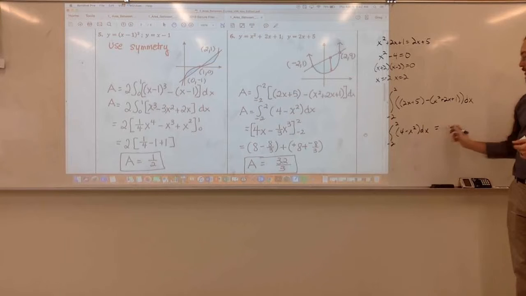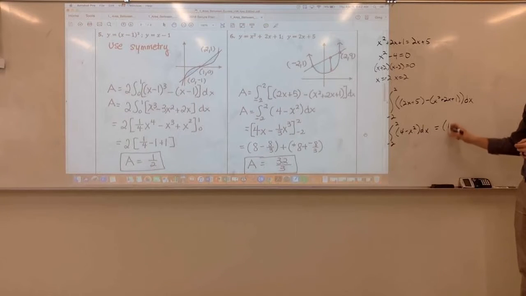So then this is actually a pretty straightforward one to do by hand. Right? Then we can take the antiderivative of each piece, get 4x minus 1/3 x cubed, evaluated from -2 to 2. So then we're just plugging in 2 and -2. So 4 times 2 minus 1/3 times 2 cubed minus 4 times -2 minus 1/3 times -2 to the third power.